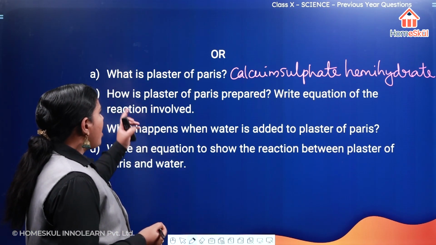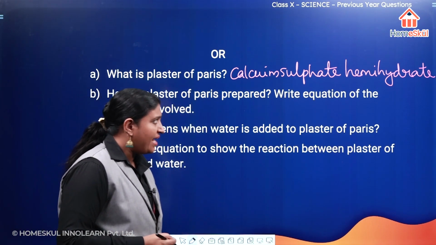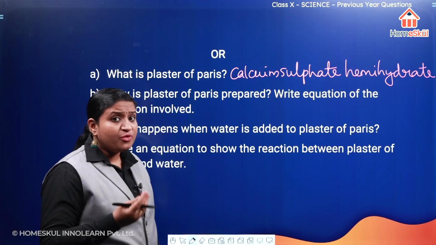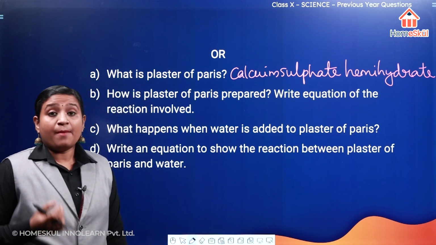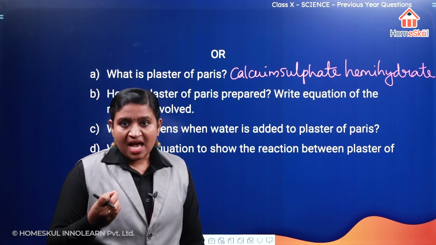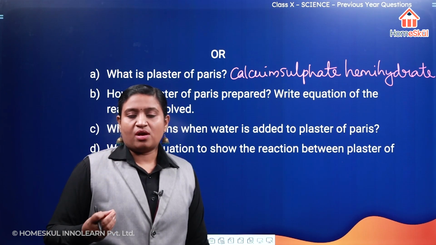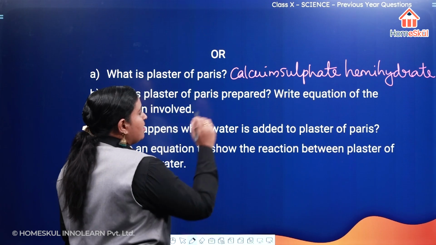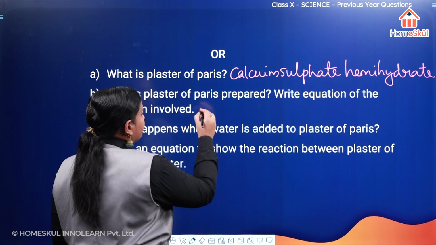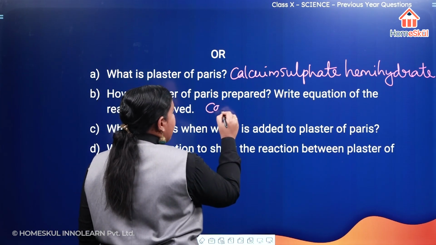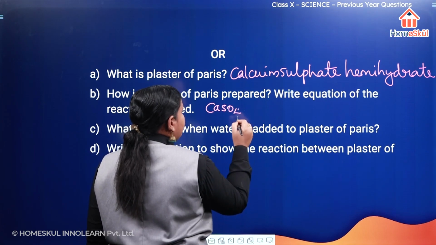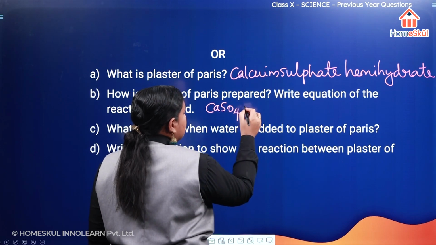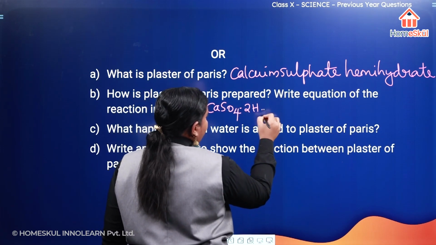Okay. Now, how is plaster of Paris prepared? Write the equation of the reaction involved. How do we prepare plaster of Paris? Yes, by heating gypsum at 373 Kelvin or at 100 degrees Celsius. Isn't it? So, let's write the equation involved here. What is gypsum? CaSO4.2H2O.